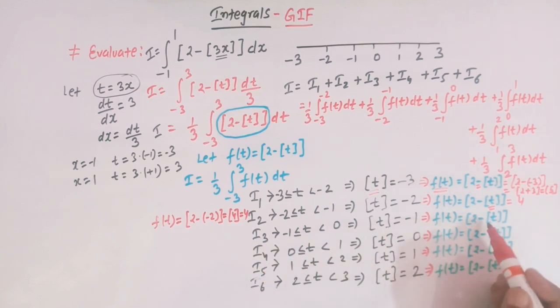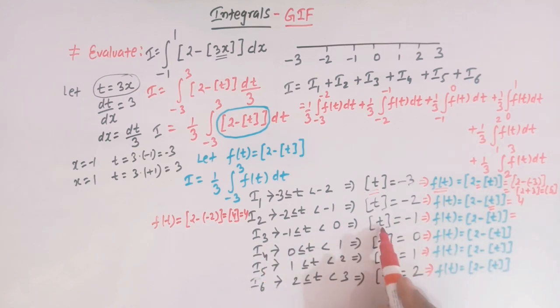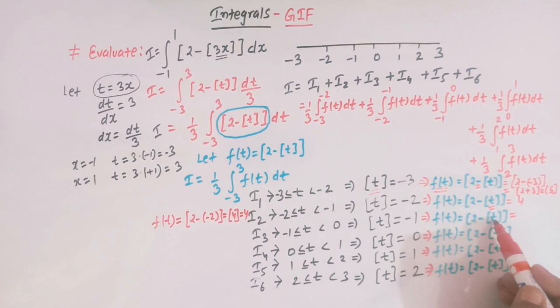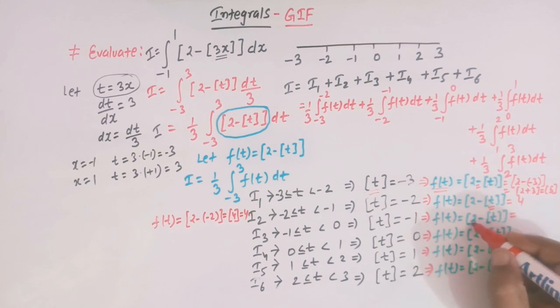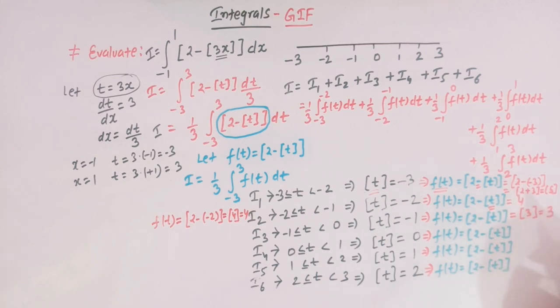Similarly in I3 the greatest integer of t is -1. So when we take -1 here, 2 minus -1 is 2 plus 1, which is 3. So we have the greatest integer of 3, that is equal to 3.